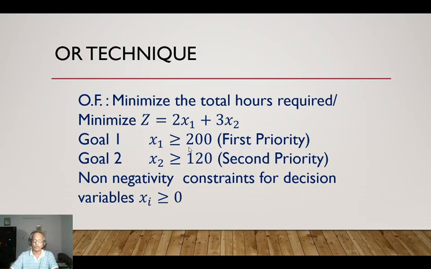So for example, goal 1 is x1 must be greater than or equal to 200, whereas goal 2 is x2 must be greater than or equal to 120. Non-negativity constraints for decision variables, here no deviation variables, and our objective is to minimize z = 2x1 + 3x2, because an old client takes 2 hours and a new client takes 3 hours.